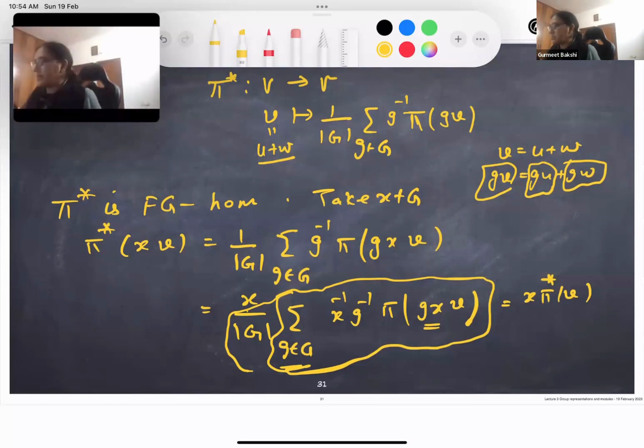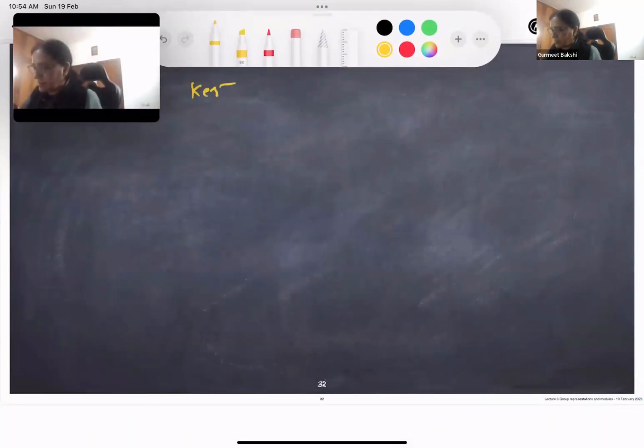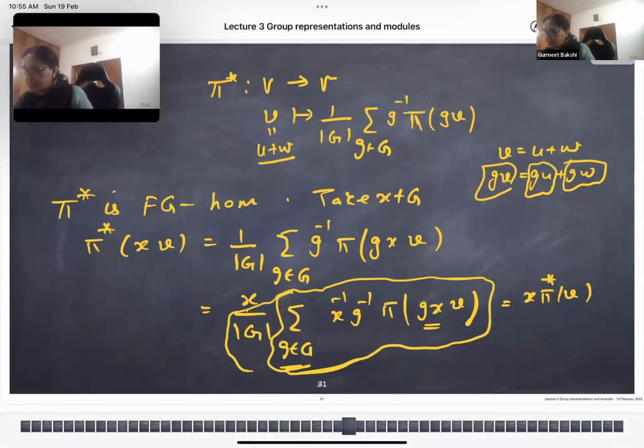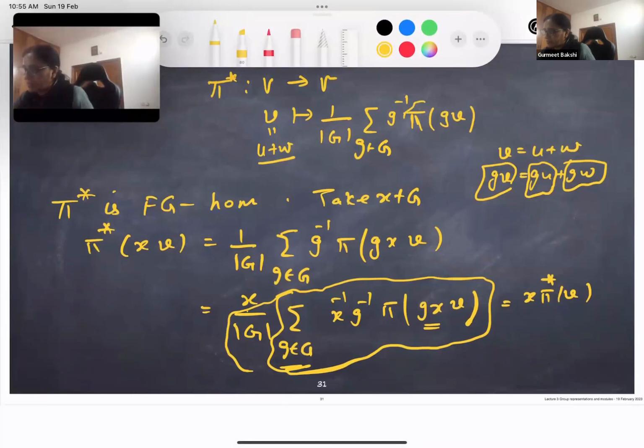And what else do you want? You want a complement, right? Therefore, the kernel of pi star is an FG submodule. As for the image of pi star, for the time being, you can see that the image is lying in U, because this is an element of U, this is an element of U, and U is an FG submodule.